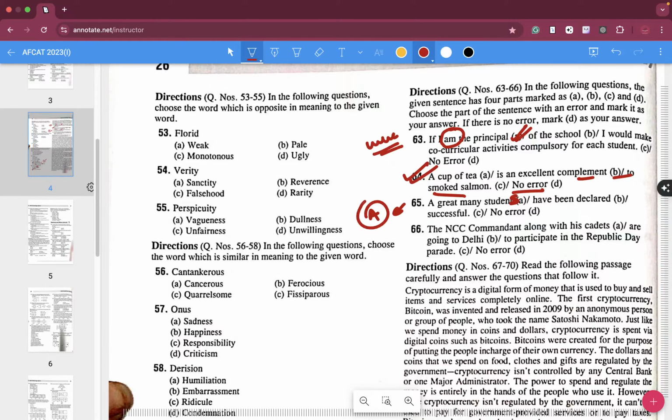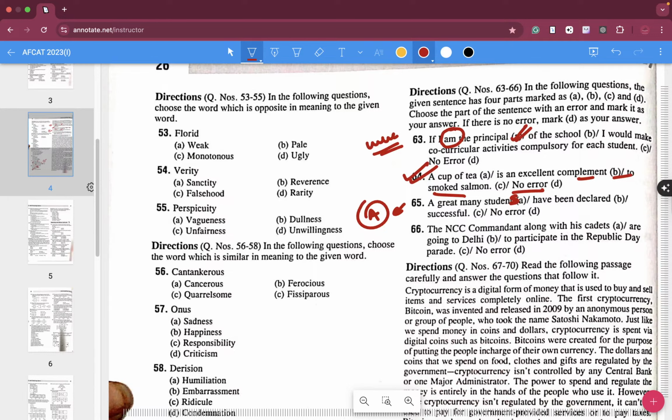The NCC commandant along with his cadets are, right? Question number 66. What do you guys think? For me it looks like a correct answer, but there seems to be some mistake. What is the mistake? The NCC commandant along with his cadets are going to Delhi.